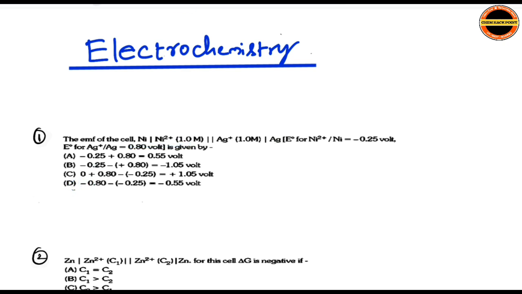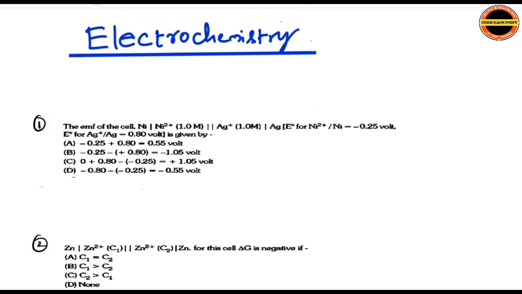Here E cell is equal to E0 oxidation part, that is nickel to Ni2+, plus the reduction part, E0 Ag+ to Ag. So the E cell formula is oxidation part plus reduction part. For Ni2+ the given value here is minus 0.25.